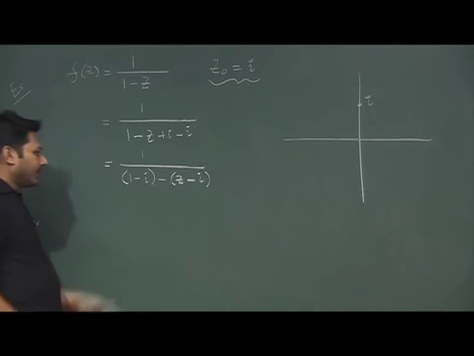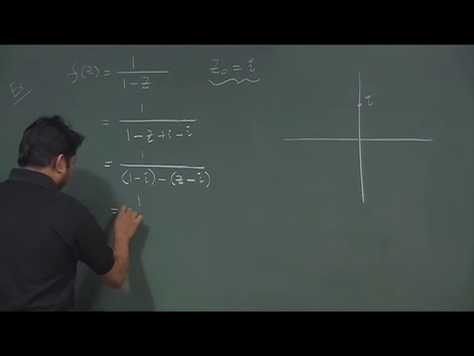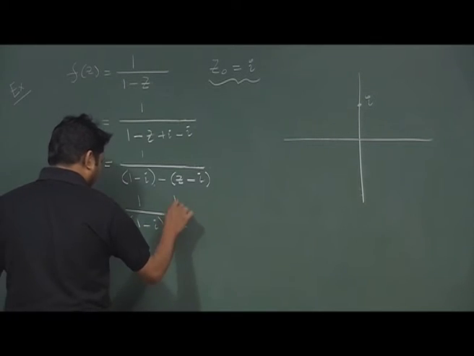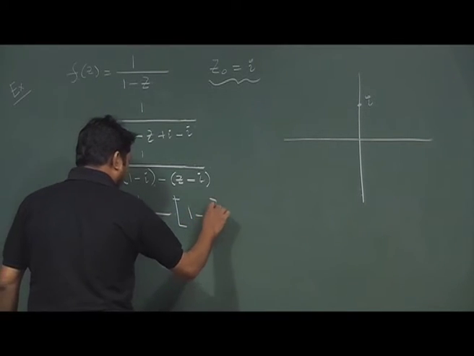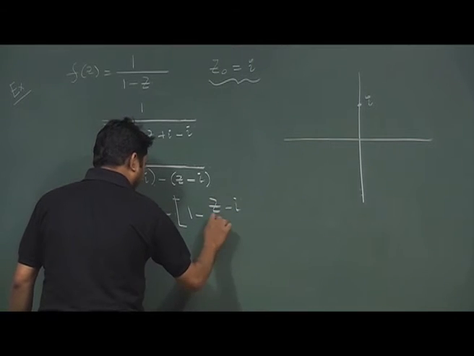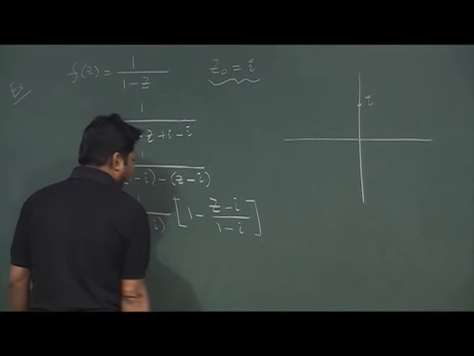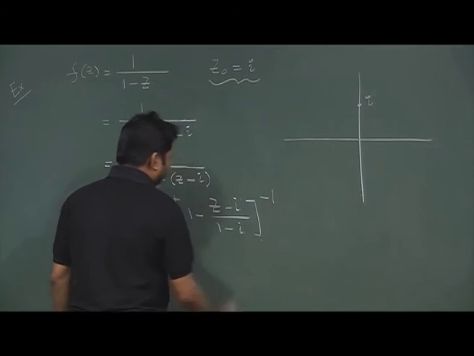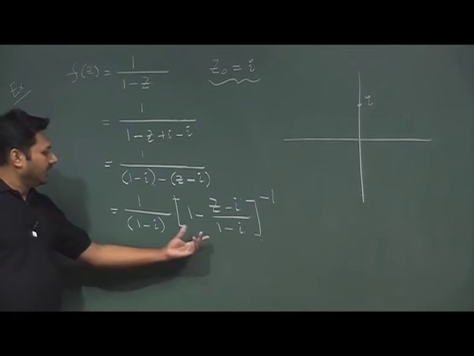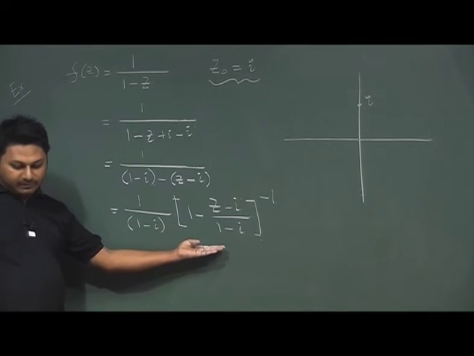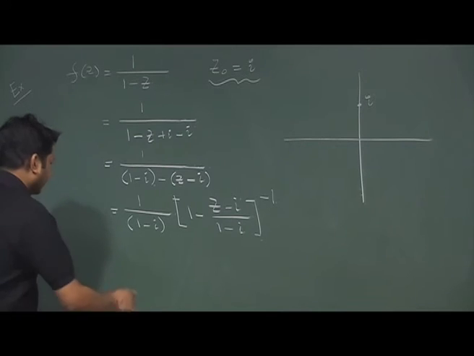Then I take 1 minus i common, so it will be just (1 minus i) times 1 minus (z minus i) divided by (1 minus i). So whatever expansion I will have is simply the Taylor series expansion.